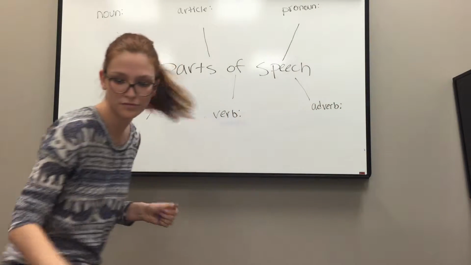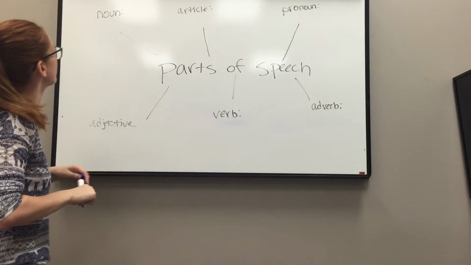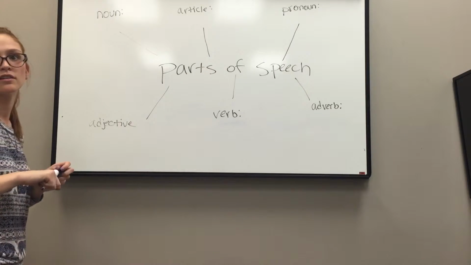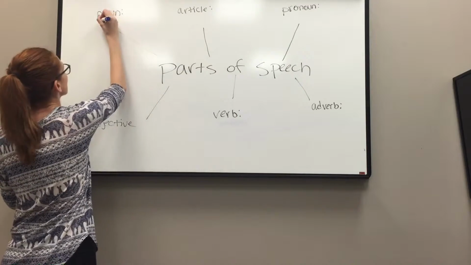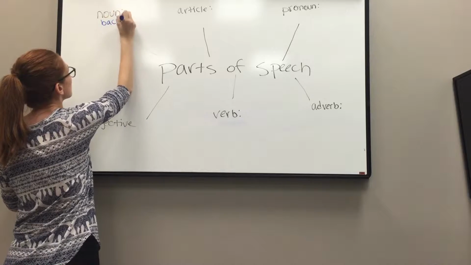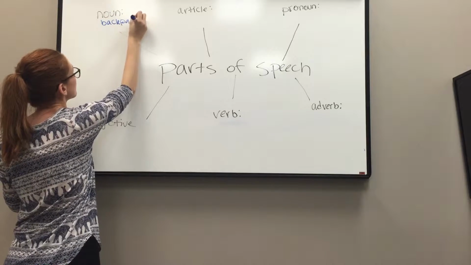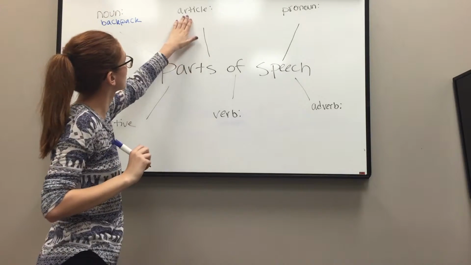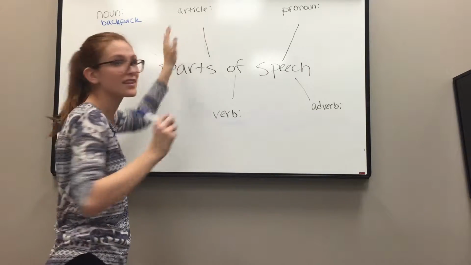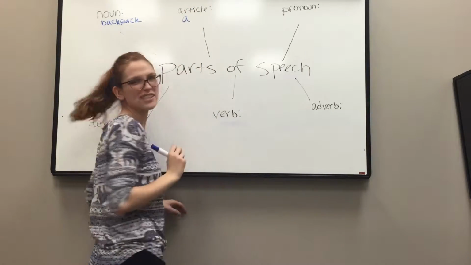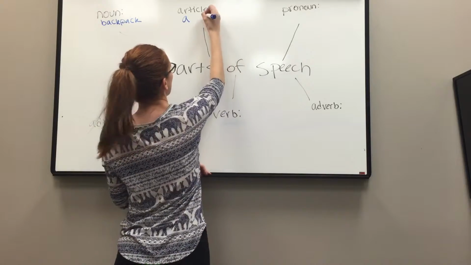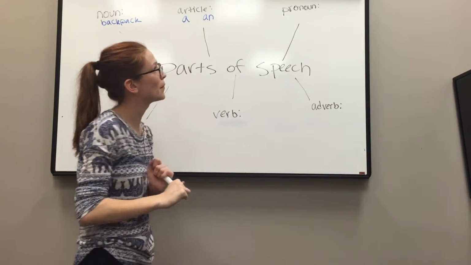Okay, so what is an example of a noun? A backpack. Perfect job. What about an article? A, and what's the other one you know? An. Good job.